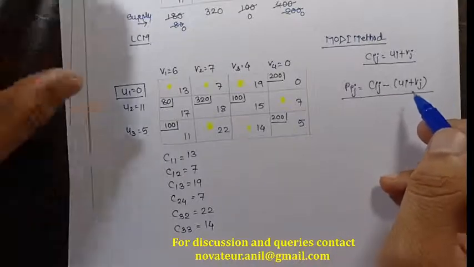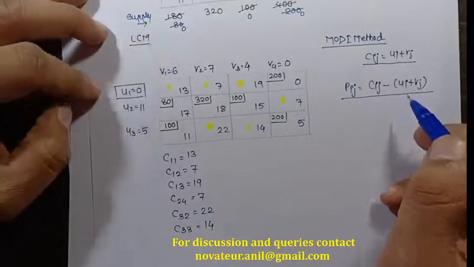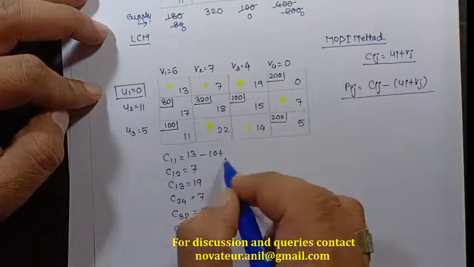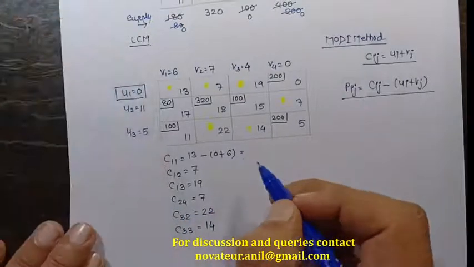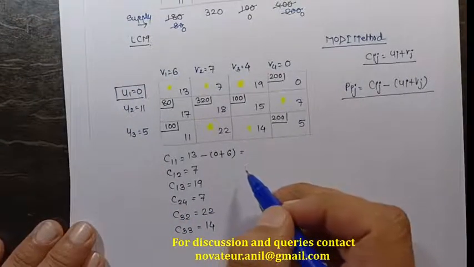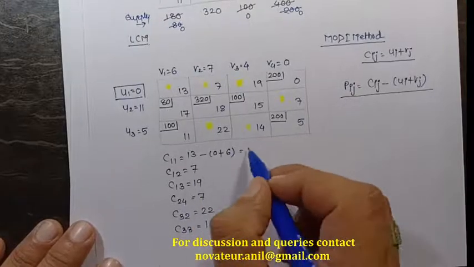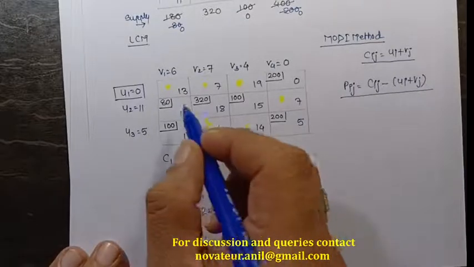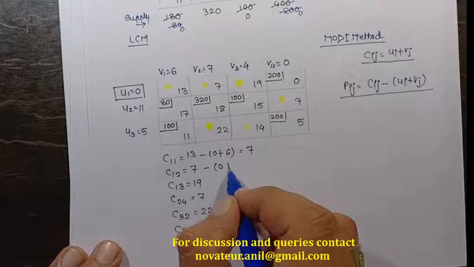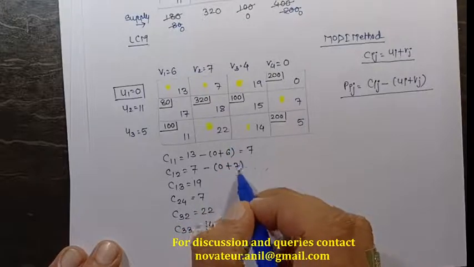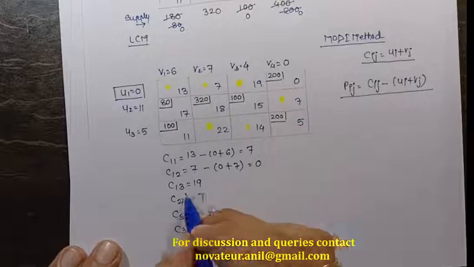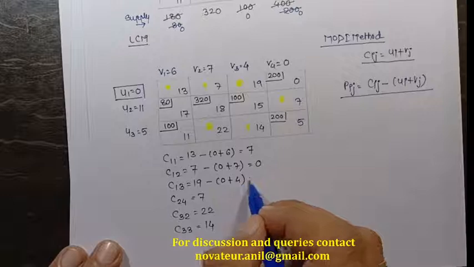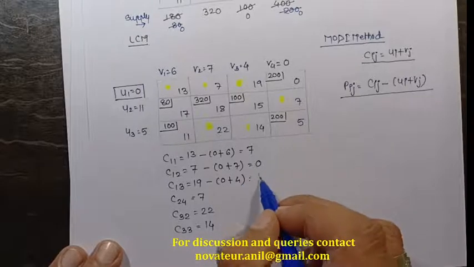Now I have to check for the adjacent u and v values for those particular non-assigned cells. Here 13, the u value is 0 plus the v value is 6, so 13 minus 6 is 7. Then for 7, the adjacent u value is 0 plus 7, so 7 minus 7 will be 0. For 19, the adjacent value is 4, so 19 minus 4, I'll get 15.